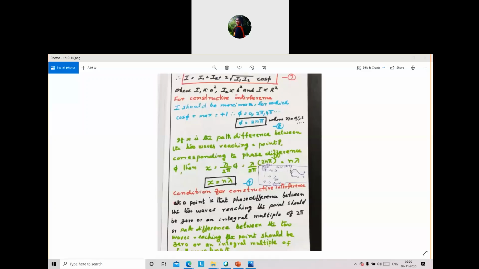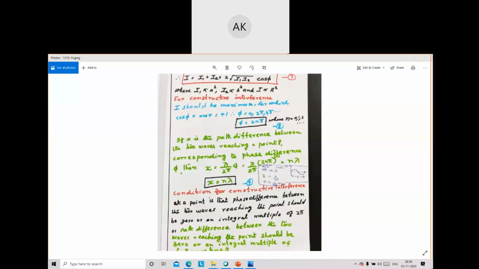Okay, see, what we have seen here is that for a phase difference of 2 pi, the path difference is lambda. And for unit phase difference, 2 pi is changed to 1 unit. What is the path difference? Lambda by 2 pi. We just divide by 2 pi.